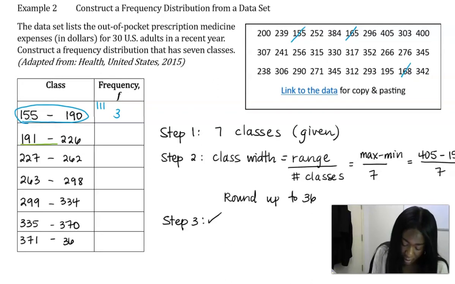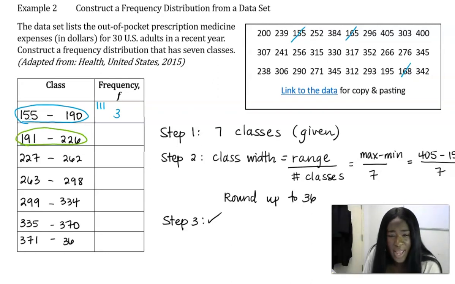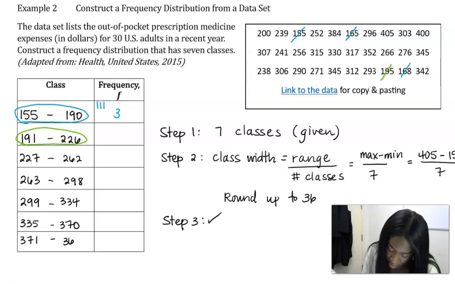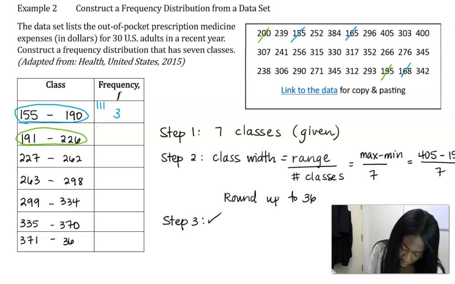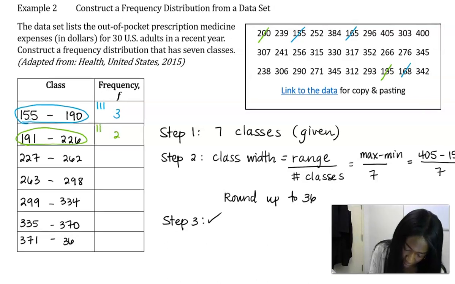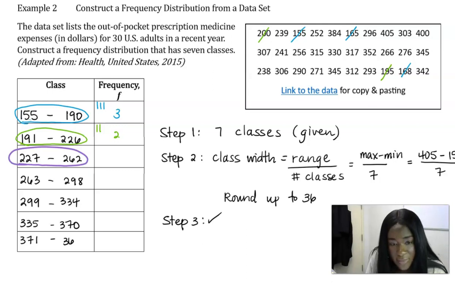Onto the second class, numbers that are between 191 and 226. There's 2 of those numbers because we have 195 and then we have 200. Moving on to numbers that are between 227 and 262, there should be 5 of those numbers, and we just have to go through and count.